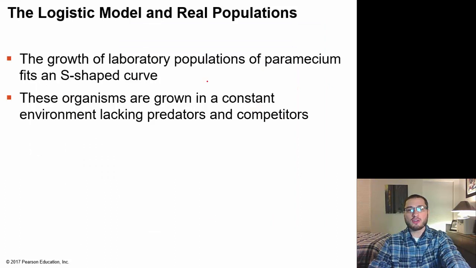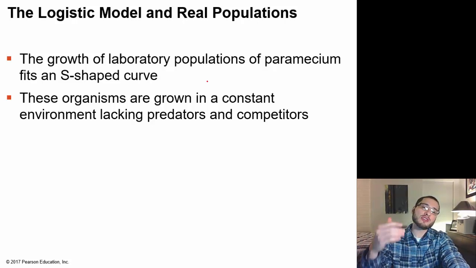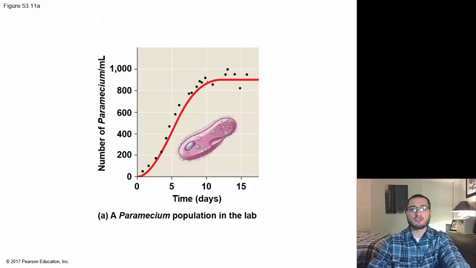So the growth of laboratory populations of Paramecium fits an S-shaped curve. Anytime you do an experiment with Paramecium, we know that as they approach the carrying capacity of their environment, they're going to slow up their population growth as time goes on. If they grew exponentially, we might see that the graph looked more like this.